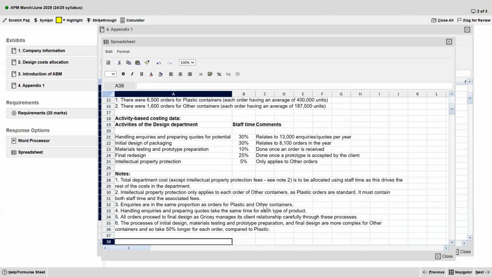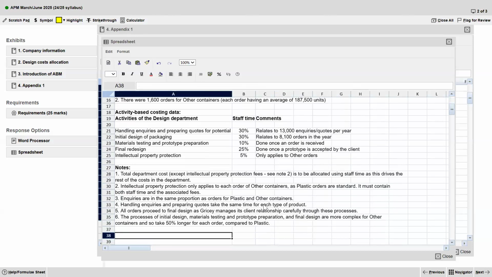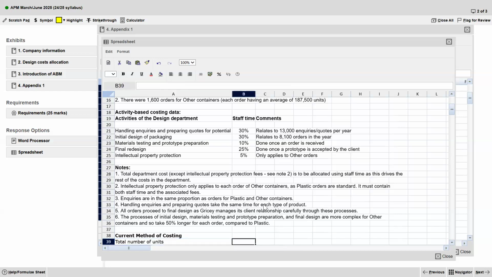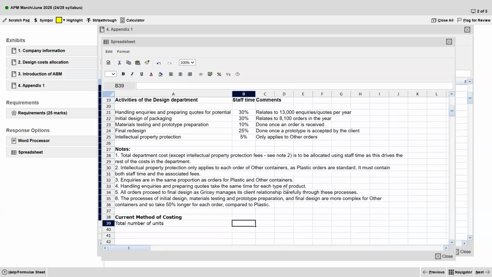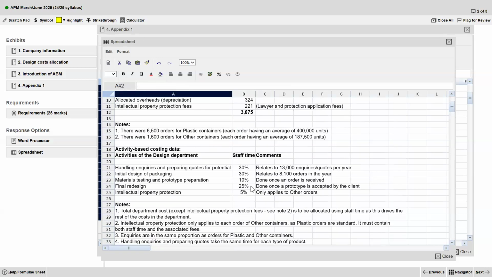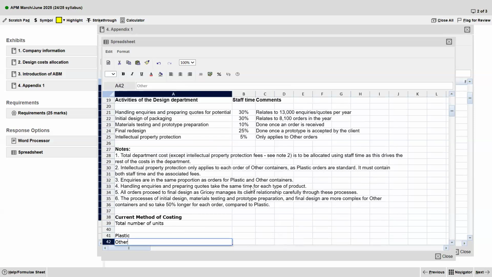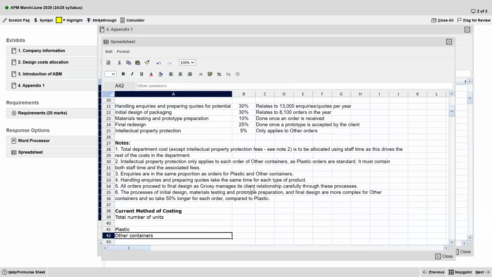Now, what actually happens is that if I apply the current method of costing, the total number of units is basically gonna be what? Plastic and other containers.